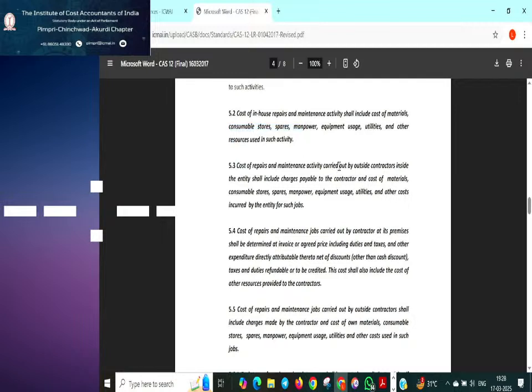Now, if it is carried out by outside contractors, the cost to the entity shall include charges payable to the contractor and cost of materials and other things. This is like having the person who has sold the product. The product engineers belong to that company, but on a contract basis, they are with you for the repair and maintenance.